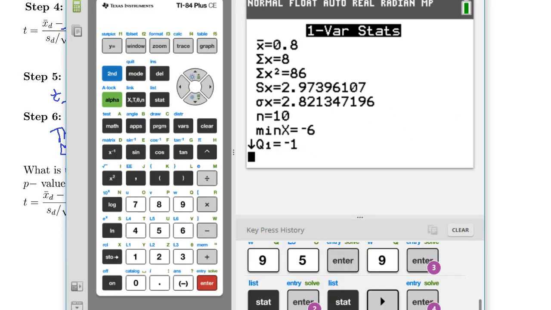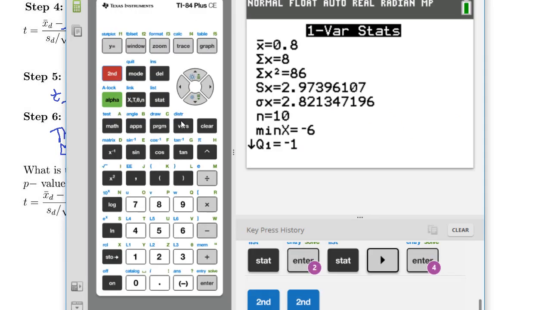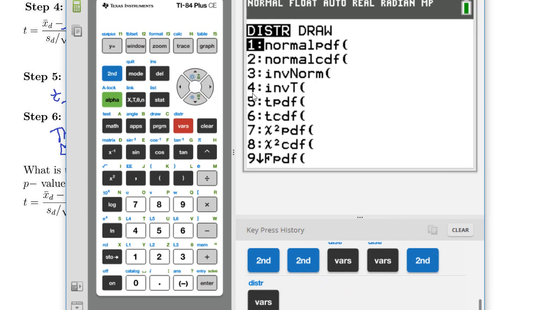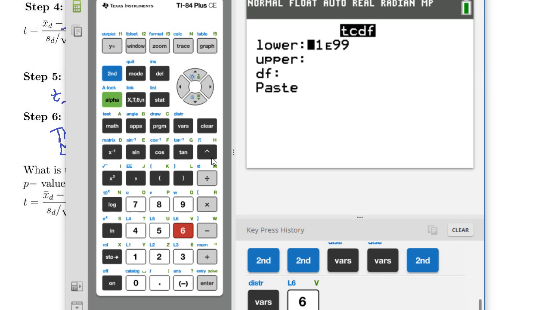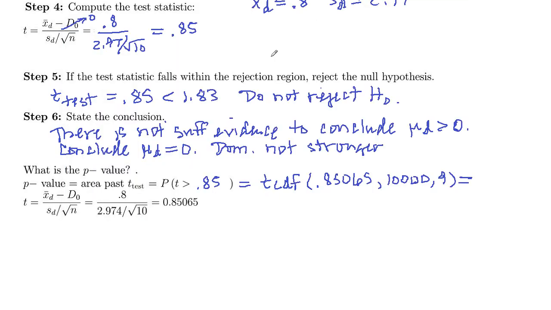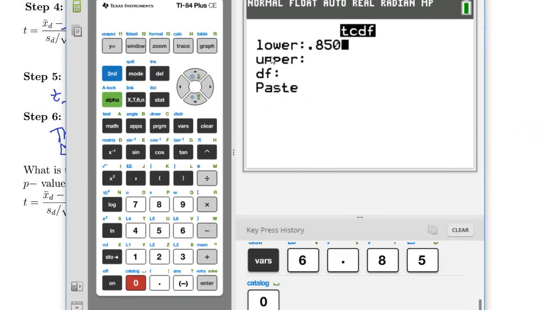So if we enter that into the calculator, second variables, go to that distribution menu. TCDF number 6. And we want 0.85065. Upper 10,000.